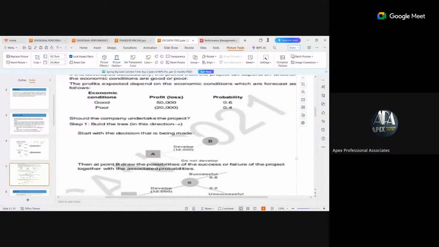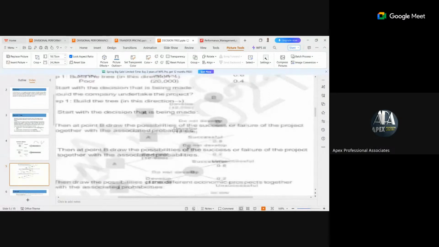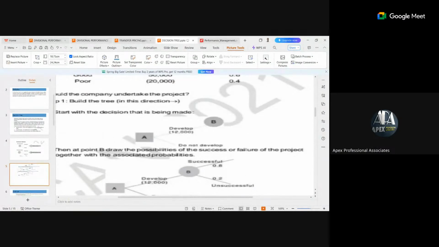If you decide to develop, you're trying to face uncertainty. You're trying to make a choice at this point. You're trying to see the chance of this decision being successful or unsuccessful. So when you develop, that is point B, what will happen is either you have it successful or unsuccessful.